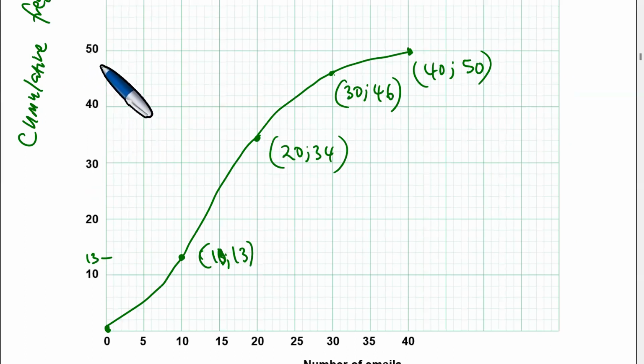If you look at the fact that the total highest cumulative frequency at the bottom is 50, half of that is about 25, right? And then 25 would occur between what? We've already said that 25 is going to occur between 10 and 20.